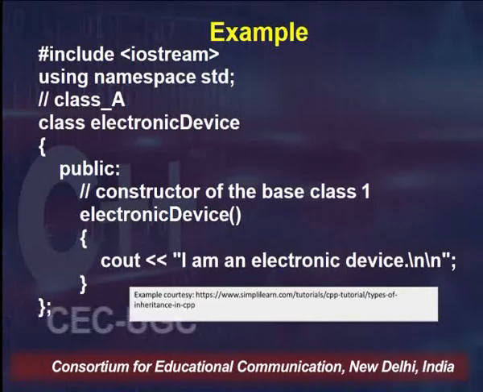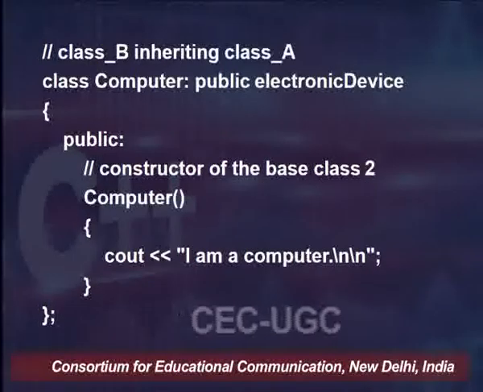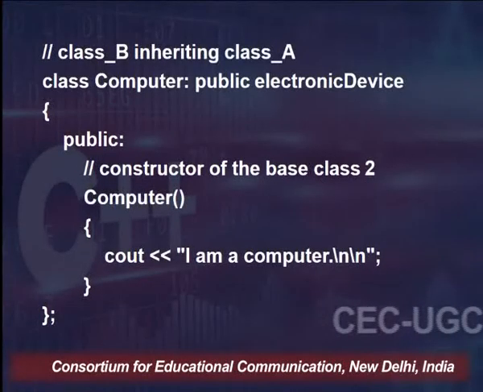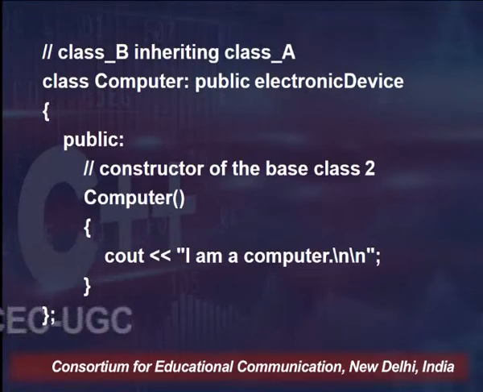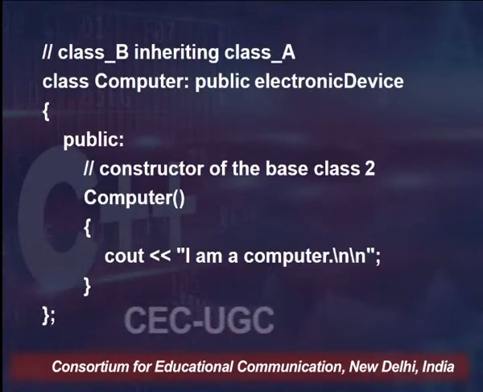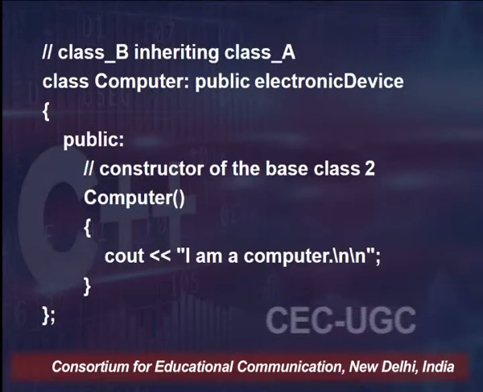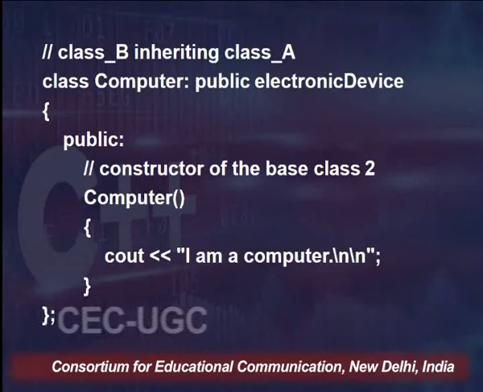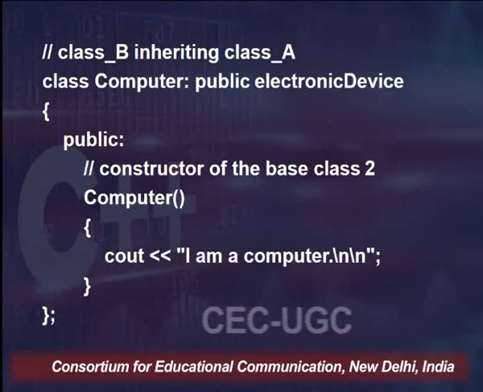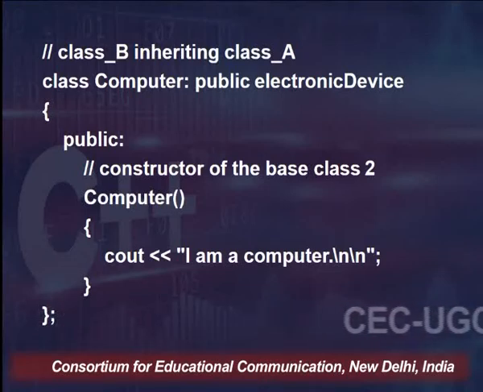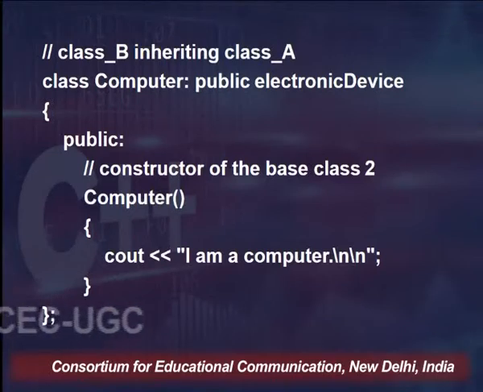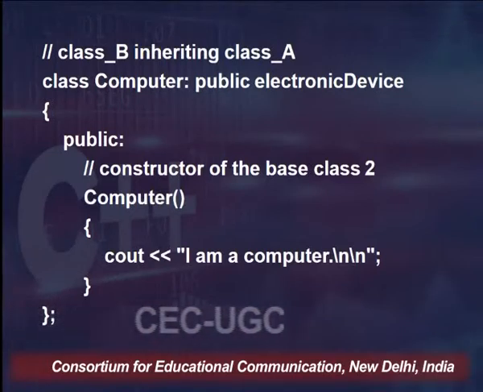Now, this electronic device class will be inherited by the next class, which is class computer. So we will say class computer colon public electronic device, meaning class computer is inheriting electronic device in the public mode, and it is having one of its own constructors, which is obviously named computer, and having a cout statement, I am a computer.